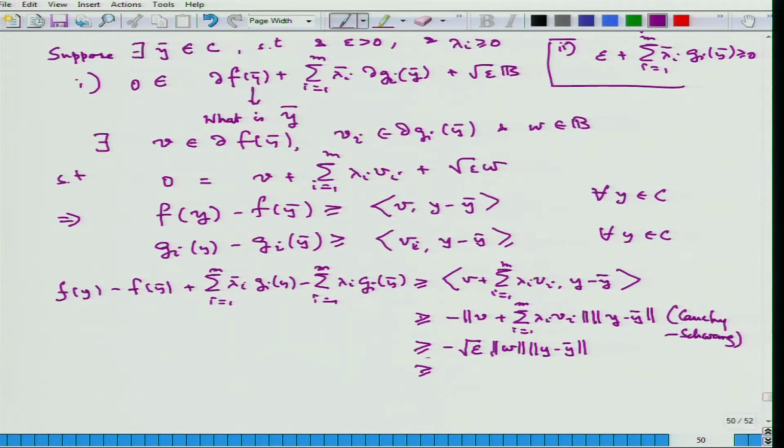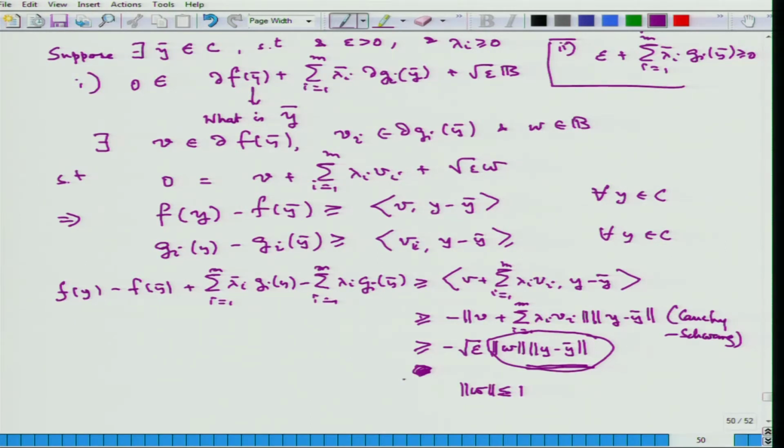So, from here you will see that this norm y minus y bar term comes in, and then I am unable to adjust the thing to get something that makes y bar an epsilon solution. Because of this term I am unable to make any adjustment, because norm w I know only is less than equal to 1.